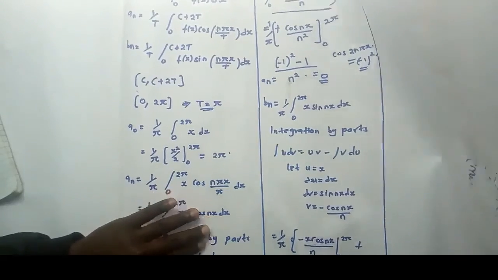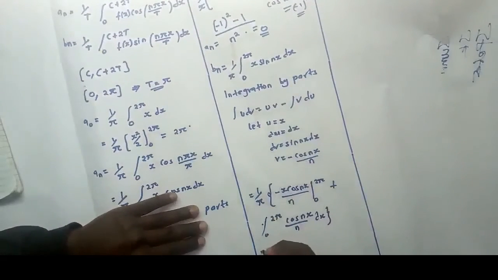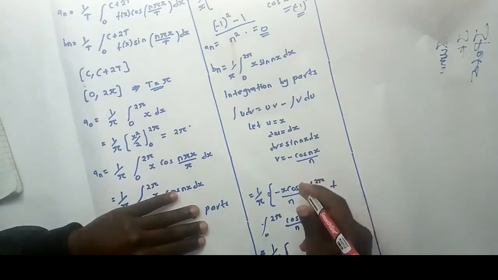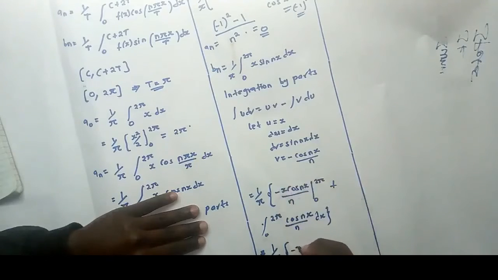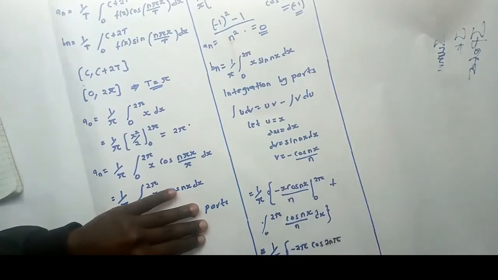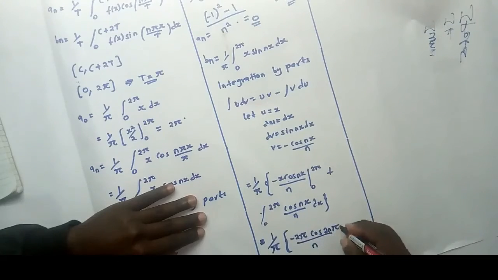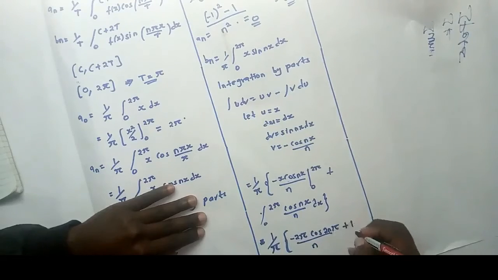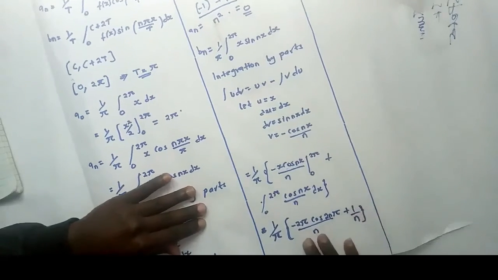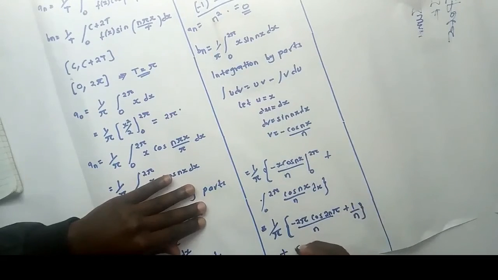Okay, and you'll realize that for the first part, when we insert 2 pi for x, we'll have negative 2 pi cos 2n pi over n, and then plus the integral, when you integrate this one you get sin nx over n squared, interval from 0 to 2 pi.